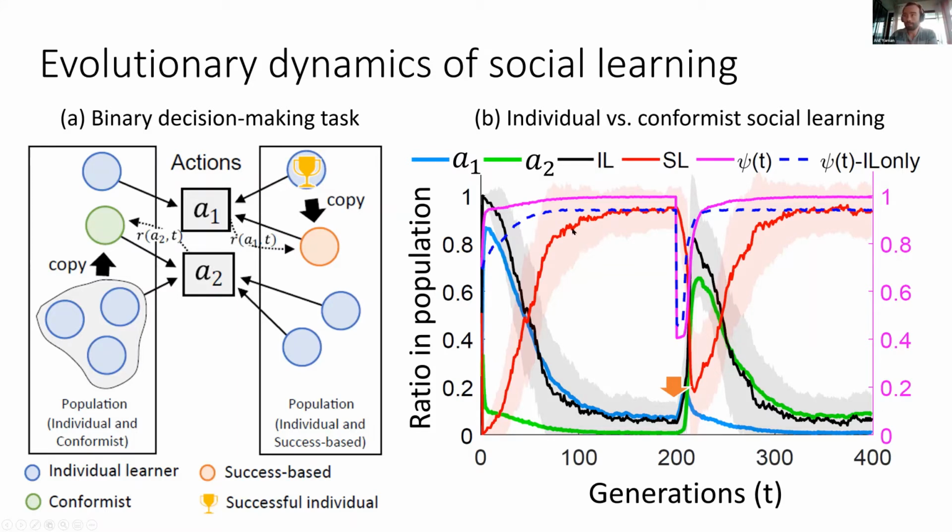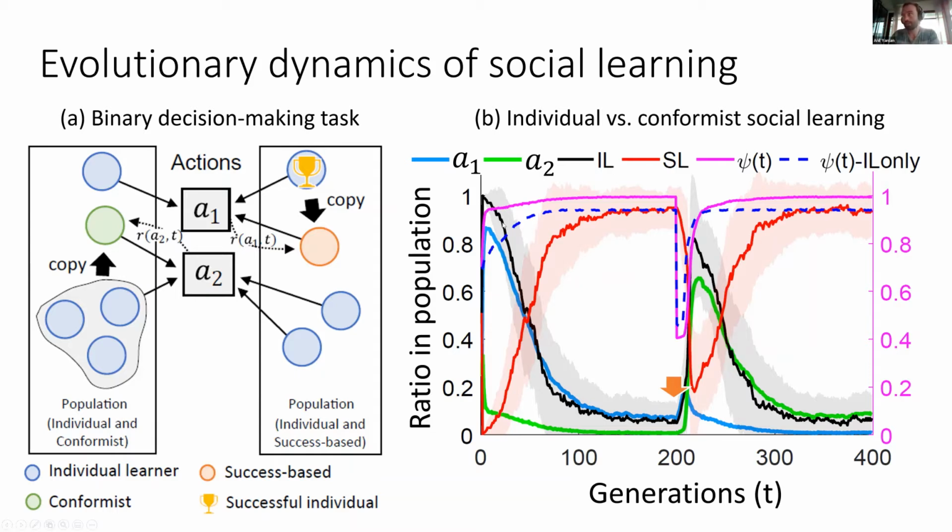There are two strategies competing in the population, and we show which strategy is prevailing over time through these generations. This gives us insight into which strategy is better in what environment.